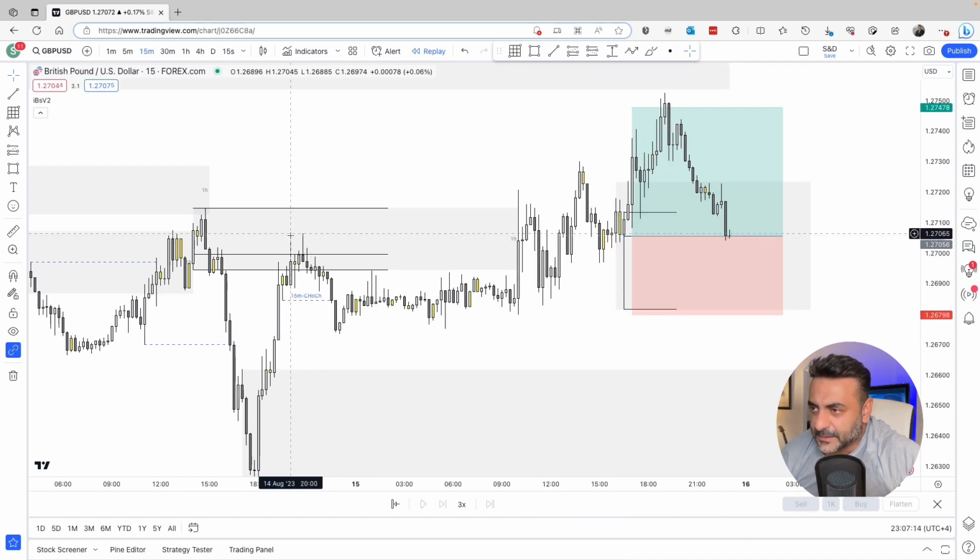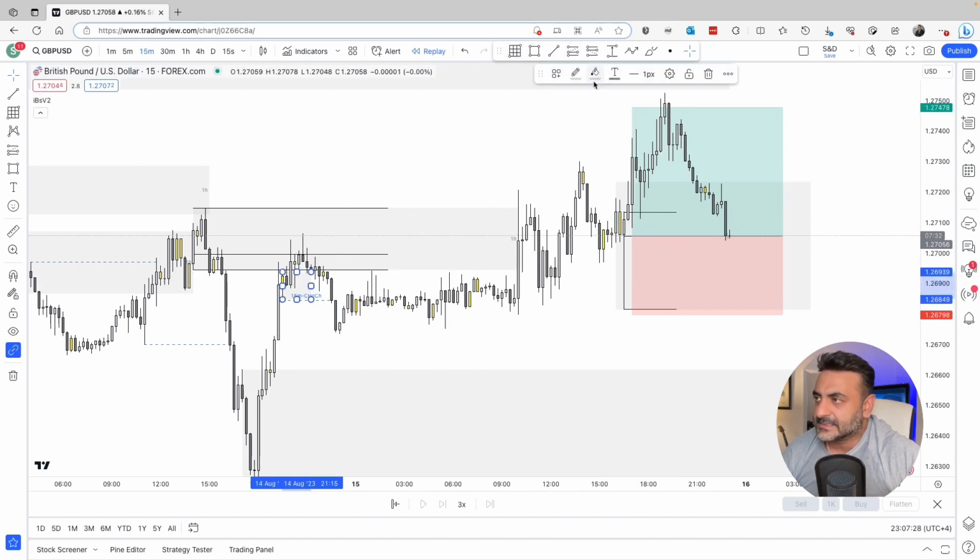So when price broke out of this, this was our last, let's say, supply or demand, that needs to fail, because this demand was responsible for taking out the liquidity. And this for me needs to fail. Price went up, came back in, and went higher.